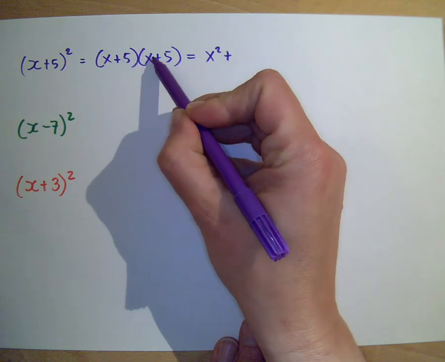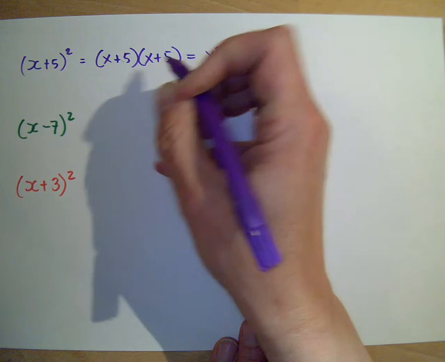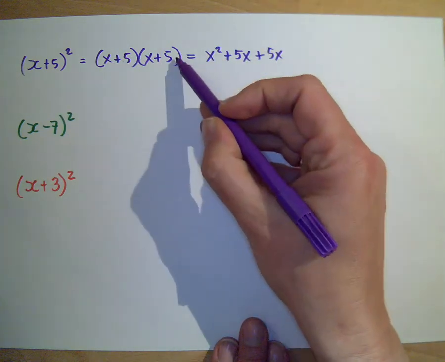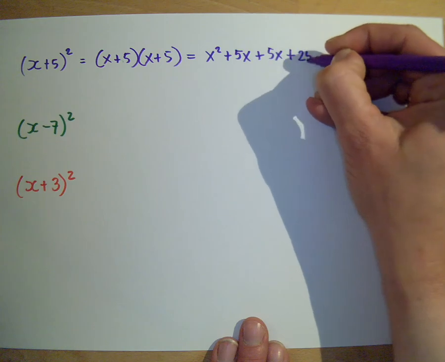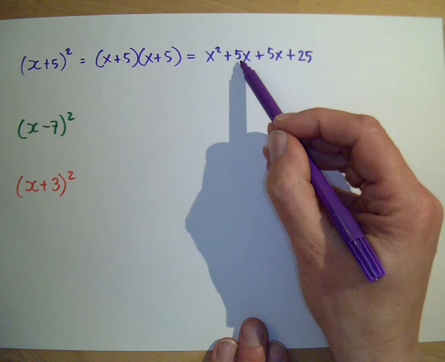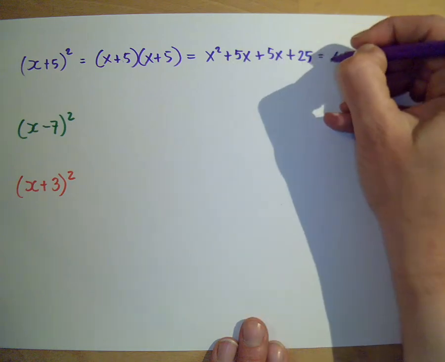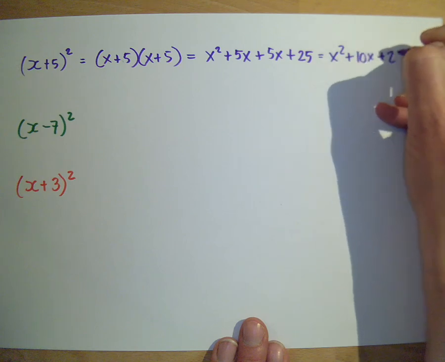Then we're doing 5 times x plus the outside terms, 5x. The last terms, 5 times 5, is 25. And then we can always combine these two and say this is x squared plus 10x plus 25.